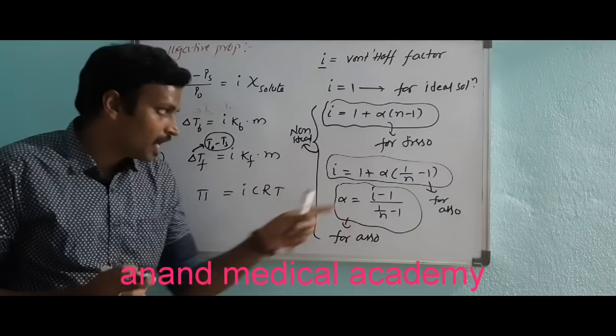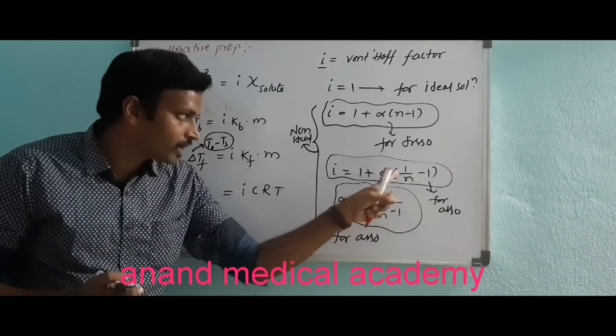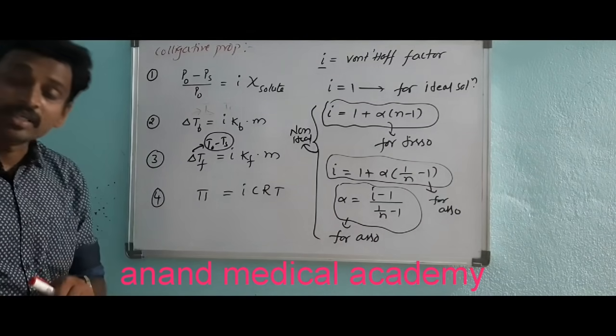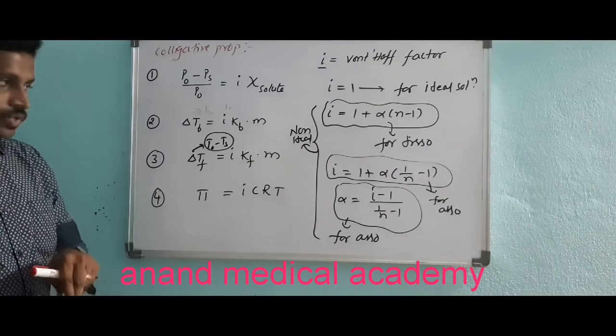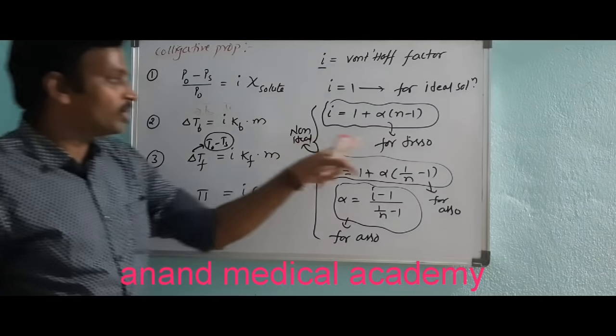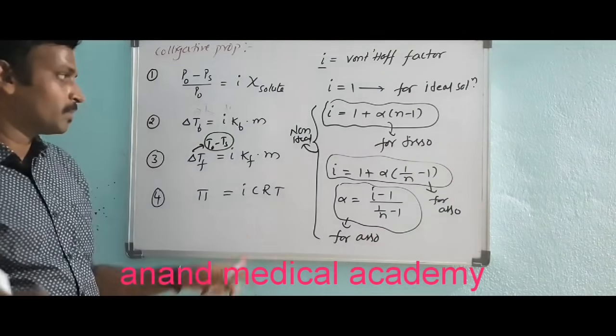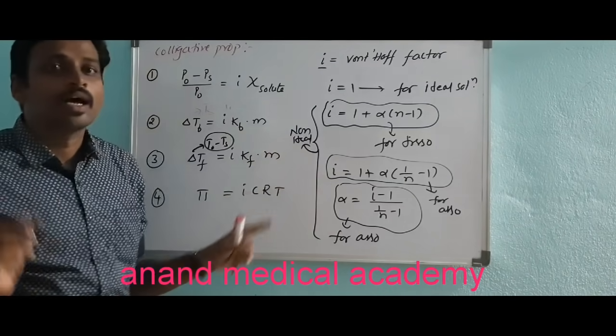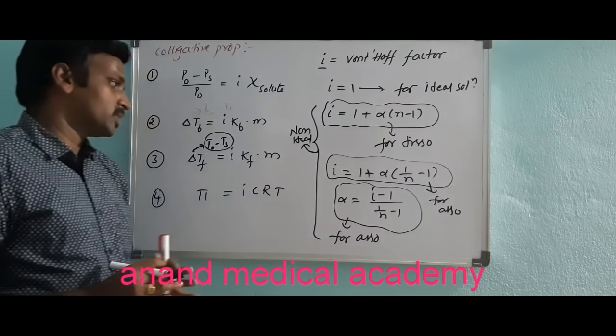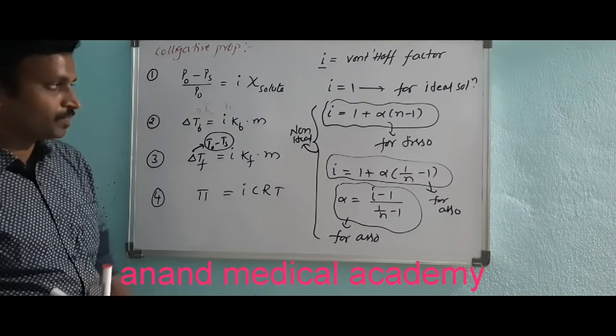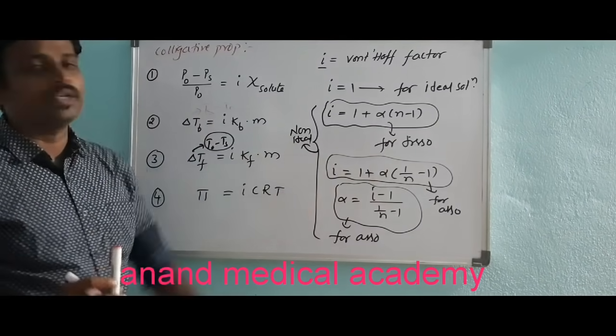For association, i equals 1 plus alpha into 1 by n minus 1. So i will be different for dissociation or association. These two happen for non-ideal solutions. So we have the i value here, and in that we have the alpha value.